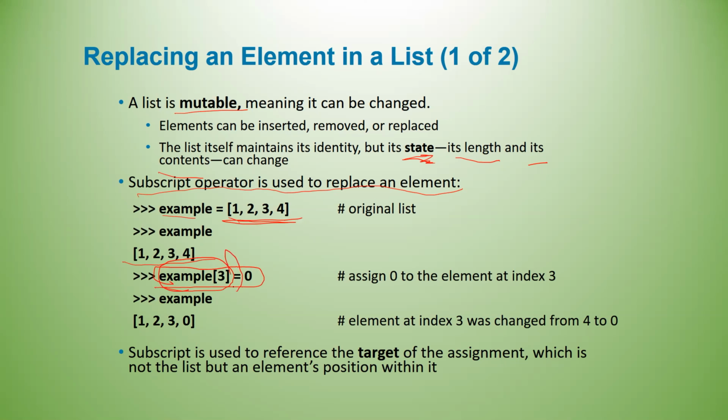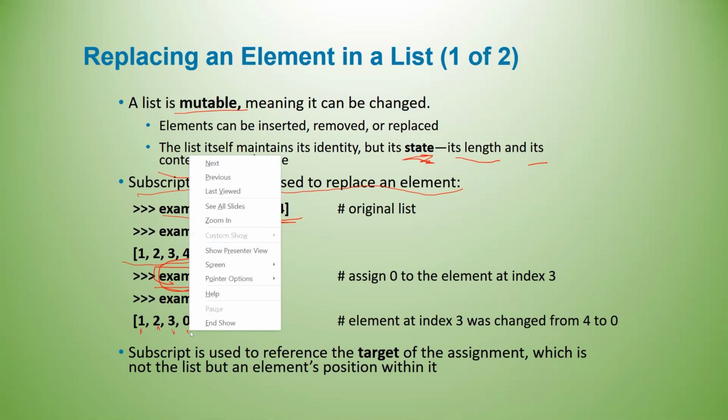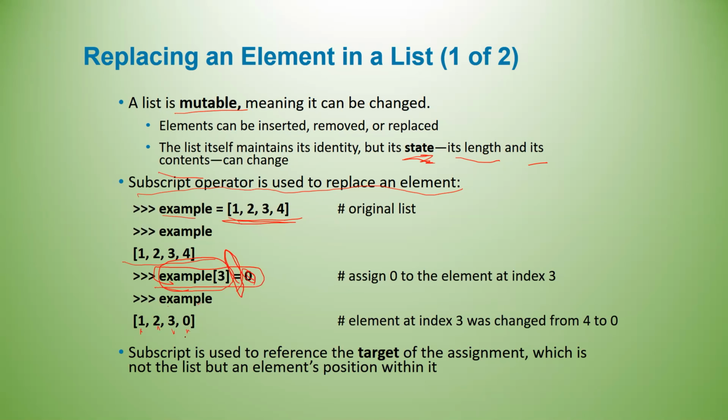This is the assignment operator. This is the value you want to change it to. So now when you print it out, 0, 1, 2, 3, the element at index 3 is changed. So it's pretty easy to change.